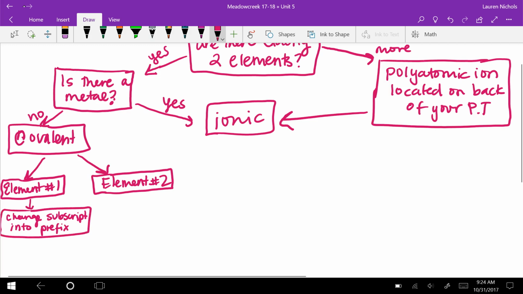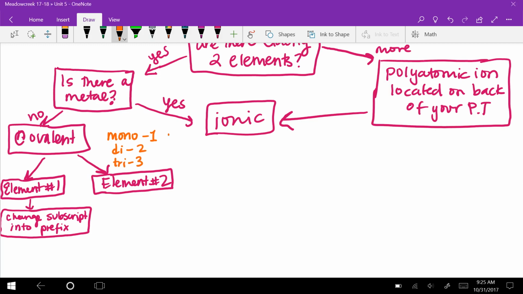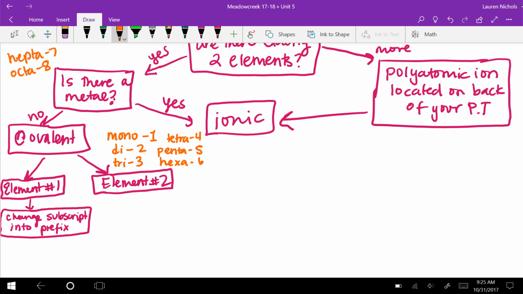The various prefixes that we have: mono means 1, di means 2, tri means 3, tetra is 4, penta is 5, hexa is 6, hepta means 7, octa means 8, nona means 9, and deca means 10.